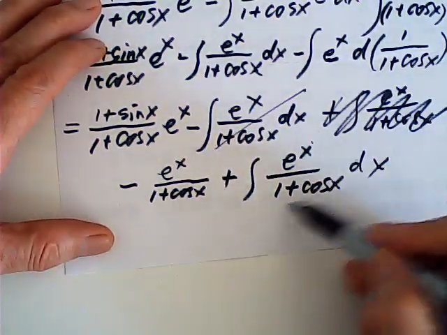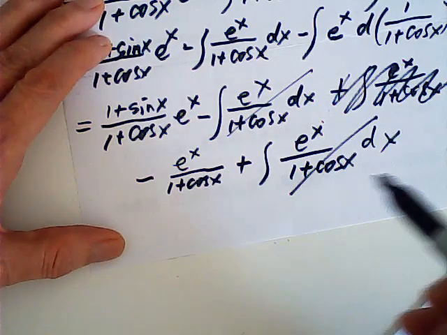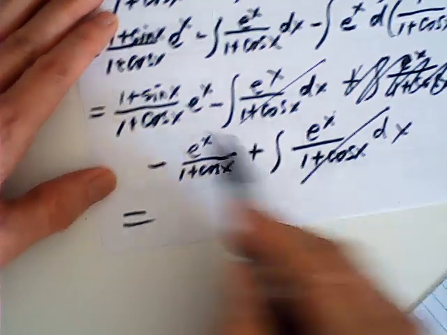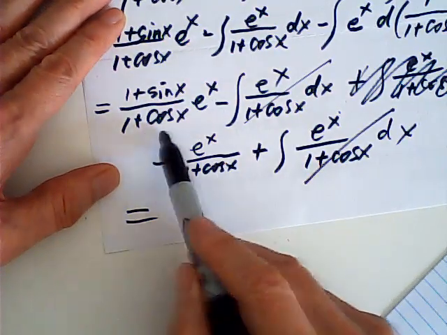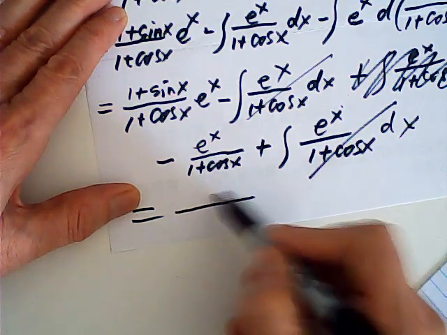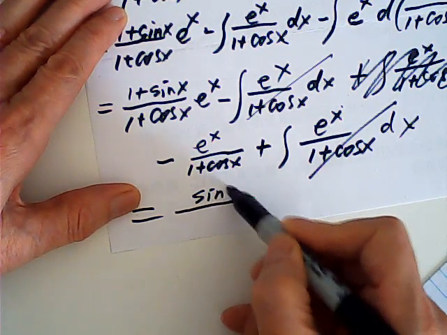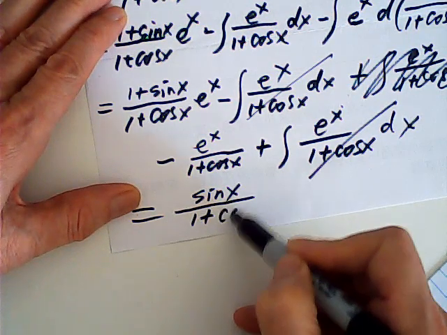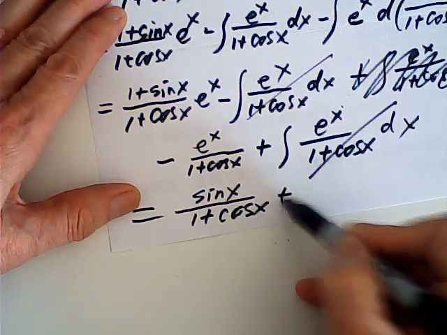So this one cancels with that one, and e to the x over 1 plus cosine x cancels with negative e to the x. So the remaining is sine x over 1 plus cosine x plus c.